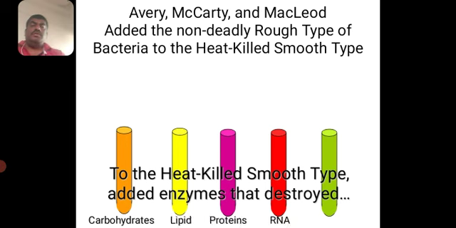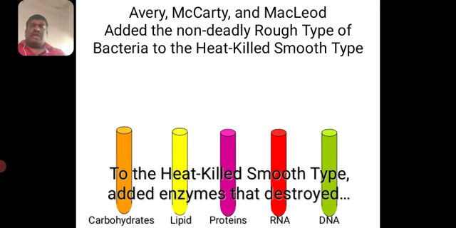He made 5 test tubes, and in each test tube he added a mixture of heat killed smooth strain and rough strain, plus a different kind of enzyme, the enzymes which destroy carbohydrate, lipid, protein, RNA and DNA respectively.